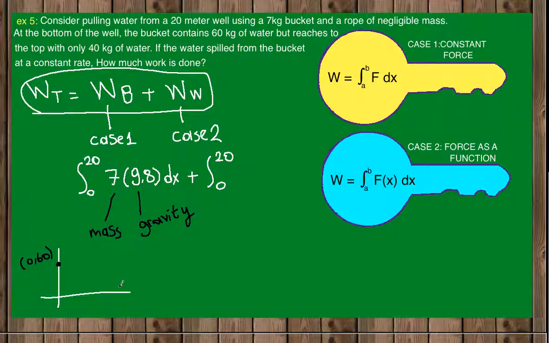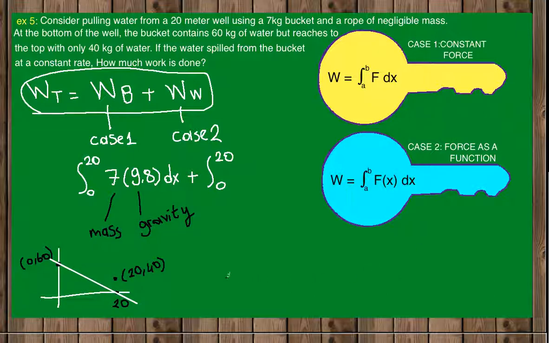And then when it reaches 20 meters, our water is 40 kilograms. So this point is 20, 40. And our linear function visually will be from this point to that point.